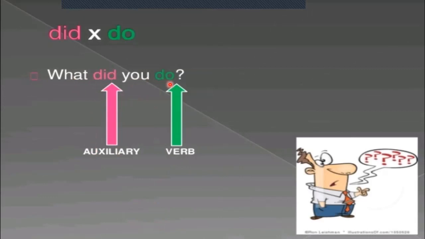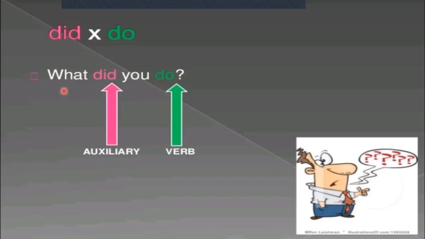But here I use do in infinitive, as a main verb. أنا استخدمت هنا do في المصدر, as a main verb، الفعل الأساسي عندي هنا هو do. But here I use did in the past as an auxiliary verb، فعل مساعد.